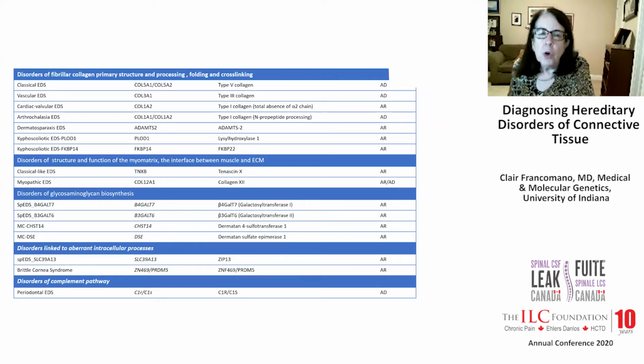There's a group of glycosaminoglycan biosynthesis disorders, and disorders linked to aberrant intracellular processes. Finally, the periodontal type of Ehlers-Danlos syndrome is unique in that it represents a disorder of the complement pathway.